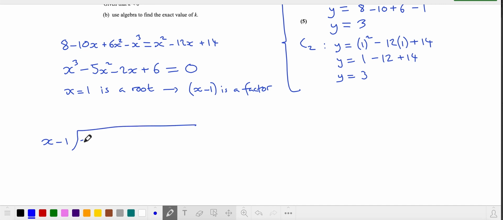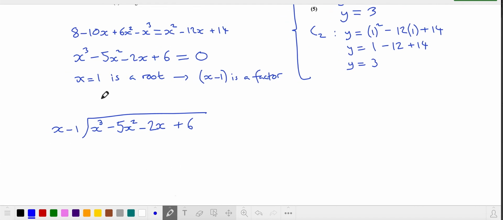There are other ways, but we didn't do them because this is the way I want you to do it. Love long division. It's so cool.